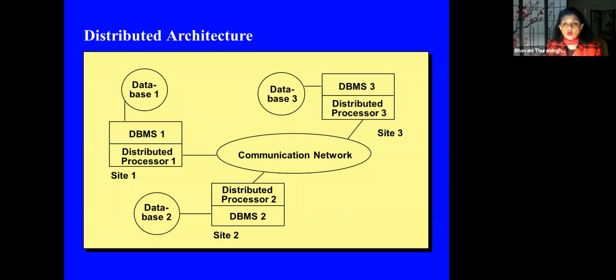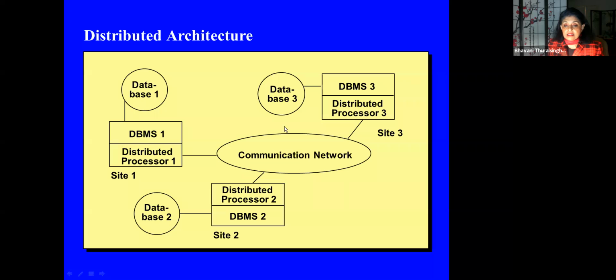Okay. So what are distributed database systems? You have database system 1 at site 1, database system 2 at site 2, database system 3 at site 3. Site 1 could be Dallas, site 2 could be Los Angeles, and site 3 could be New York City. Each database system is managing its own local database, database 1, database 2, database 3.